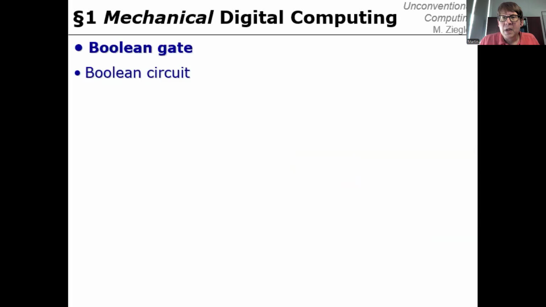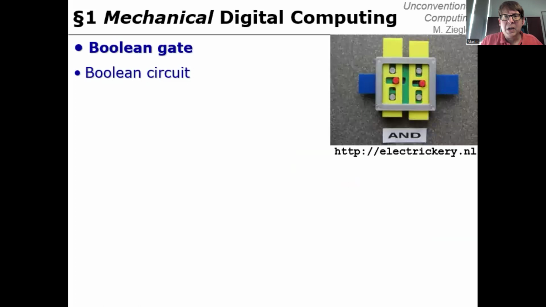So here's a rebuild of a Boolean AND gate as used in the first Zuse computer, Zuse 1, which used mechanical means to build Boolean gates. And here you see a rebuild of this AND gate.